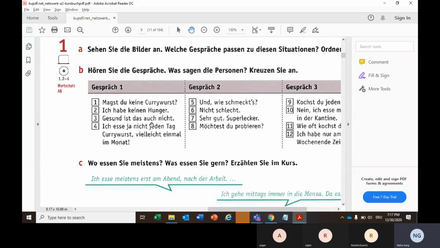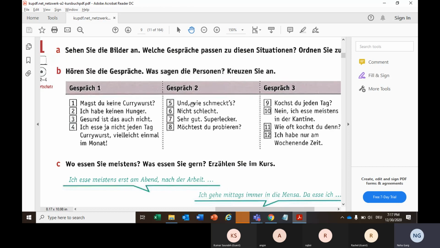Nummer 1, Nummer 4 und? 3. Yes. Nummer 3. So Nummer 3 war auch da. Number 3 was also there. Also Nummer 1, Nummer 3 und Nummer 4. Jetzt hören wir Gespräch 2. Now we are listening to conversation number 2.